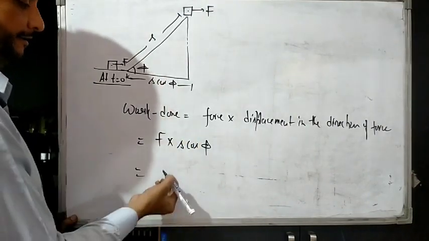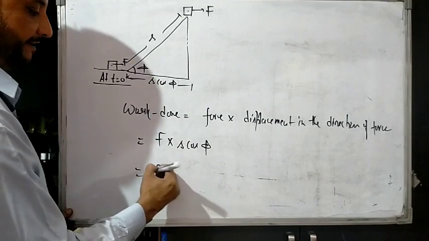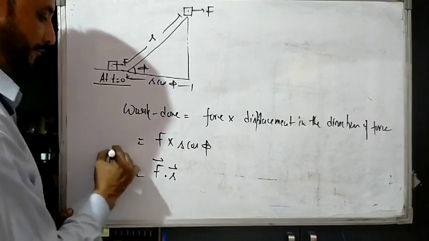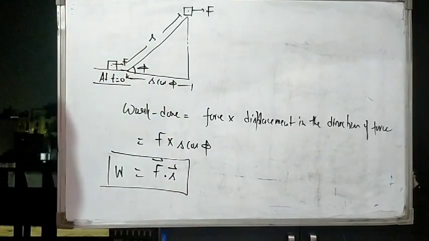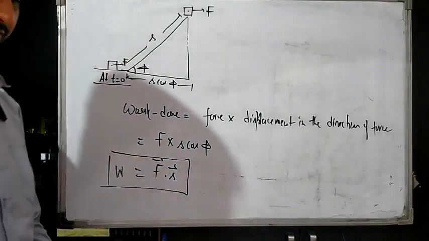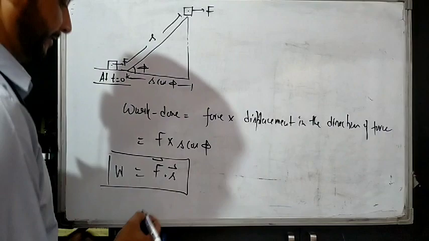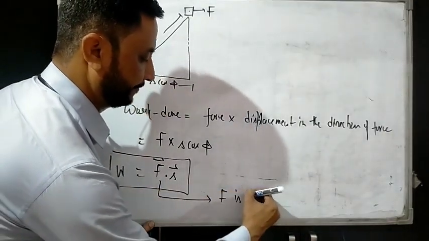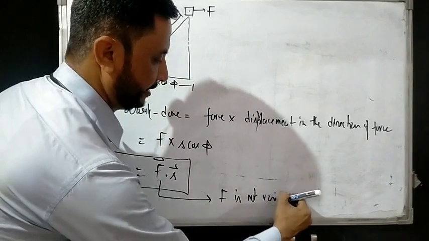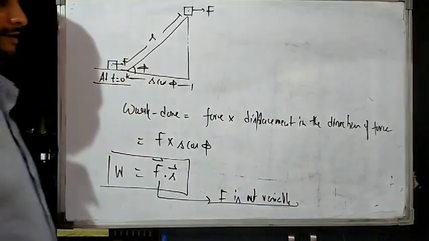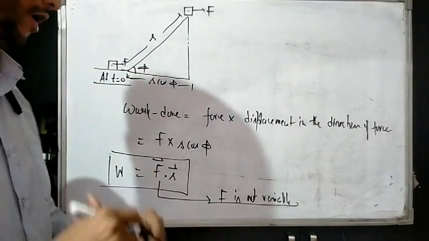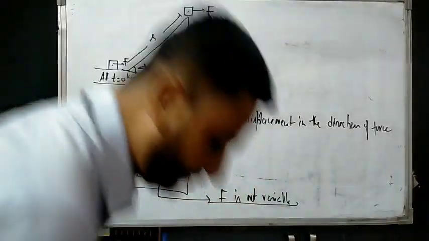So again from the previous slide we can write W equals F dot S here also. This is another formula, a very simple and basic formula. Here it is essentially to be noted that F is not variable. I assume that F always has a constant value.